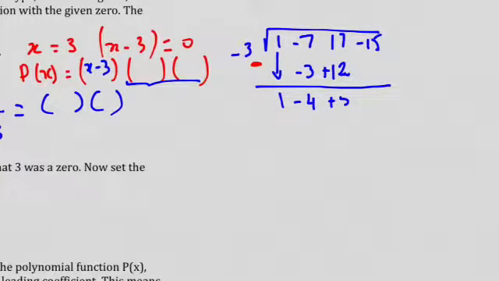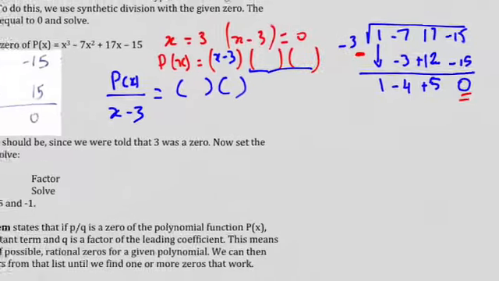Then negative 3 times plus 5 equals negative 15, but because I subtract, the negative 15 becomes plus 15, and I end up with 0. Is it normal to have the 0? Yes, because I know that with my parentheses x minus 3 equals 0, I'm supposed to have x equals 3, and that is supposed to be a zero of my polynomial.